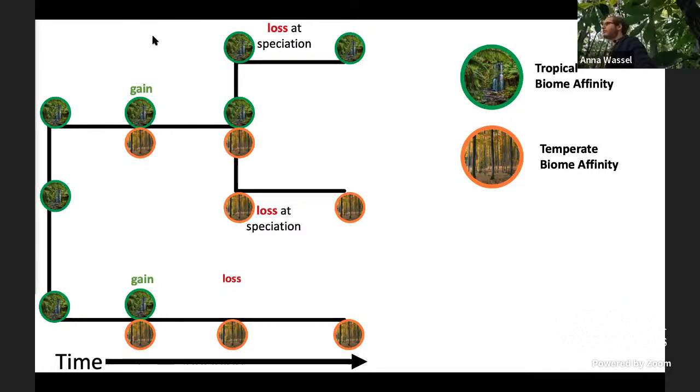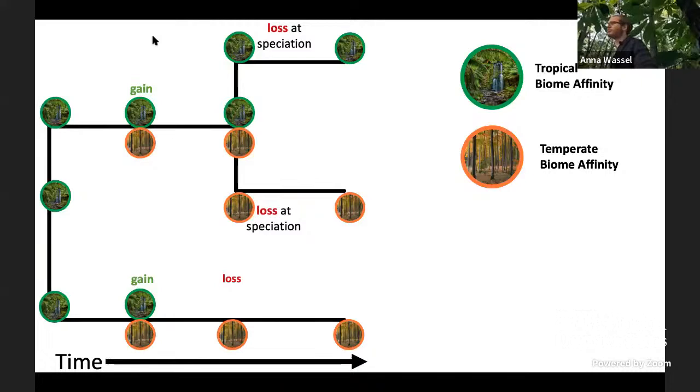These are really useful tools for detecting a lot of different macroevolutionary patterns, and not only for reconstructing the ancestral states for biome affinities for species, but also the rates of transitions between given biomes.